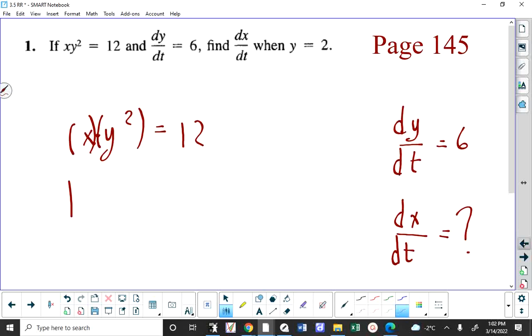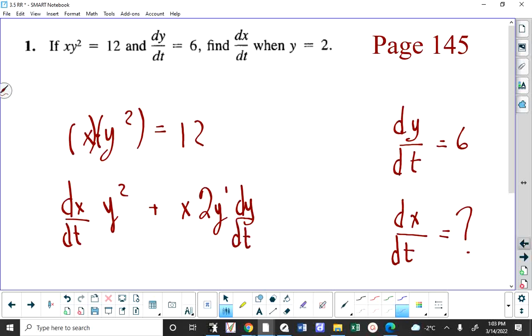No, see, you go away from the fact that there's no context here and you almost fall back into what we were doing in the previous unit. It's dx/dt. We're differentiating everything with respect to time. So the derivative of the first is dx/dt. The second is y squared, plus the first, which is x. The derivative of the second is 2y dy/dt. And this equals the derivative of 12, which is 0.